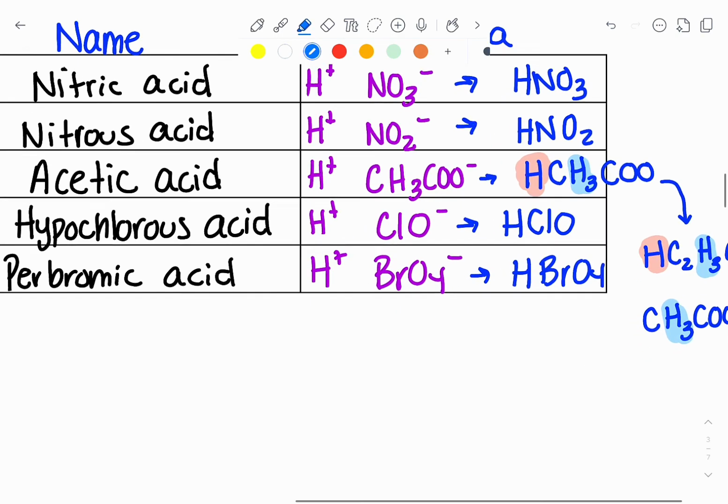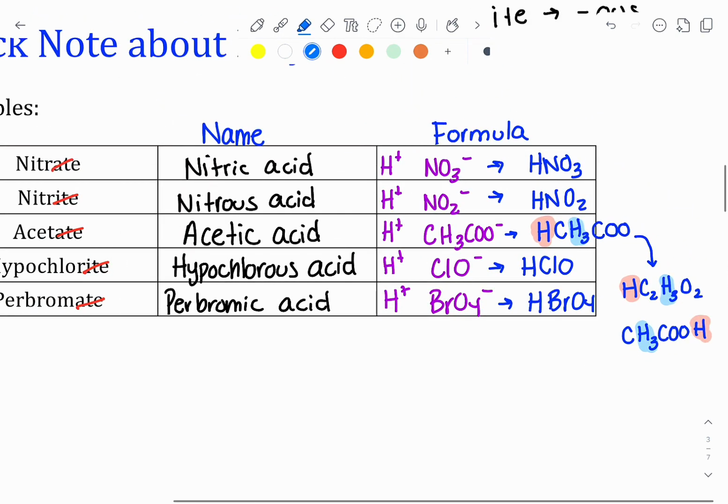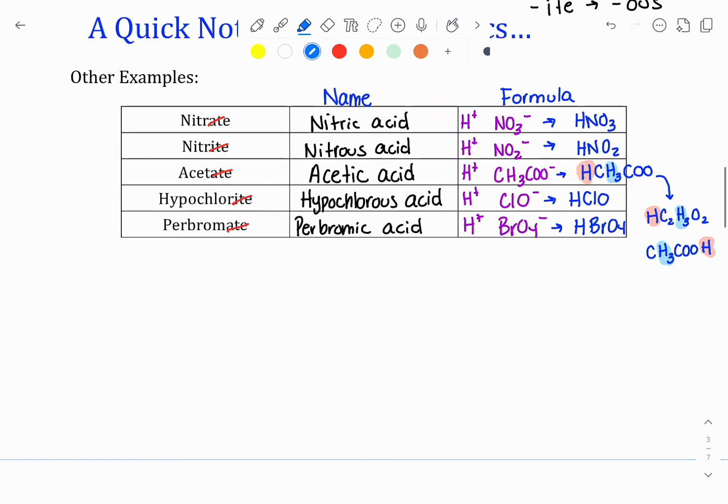Now I do want to just give one more additional example because I realized I didn't add one of these in. And that's if we have a polyatomic ion that has a charge that is greater than 1. So let's take sulfate. So our naming for this is essentially the same. We're still going to have the ic ending, but we do have to add a few extra letters just so that it doesn't sound weird.